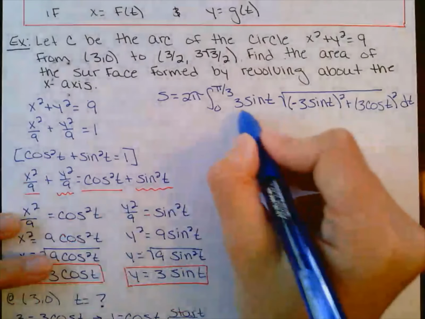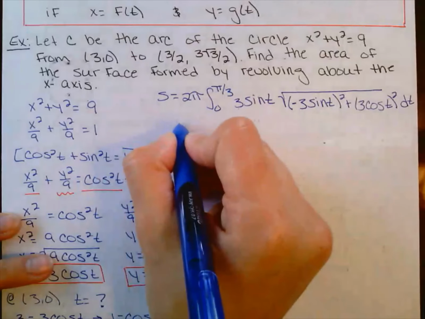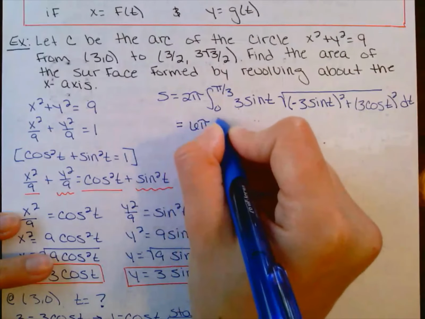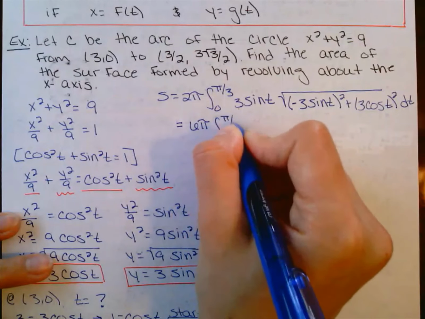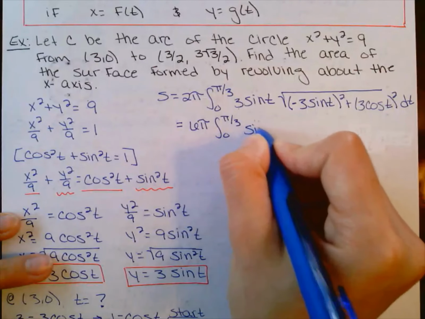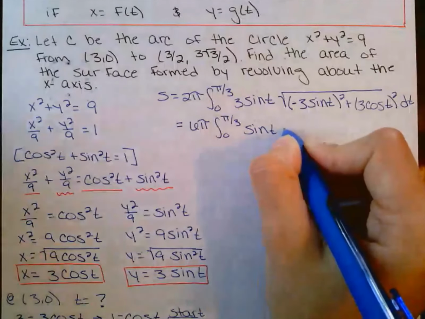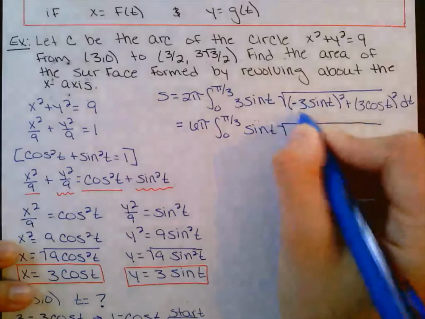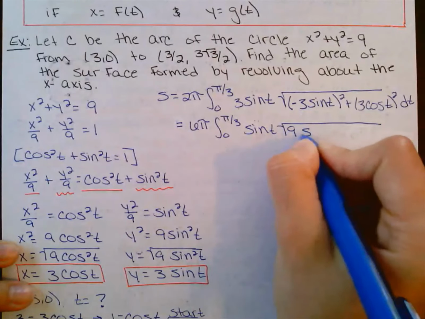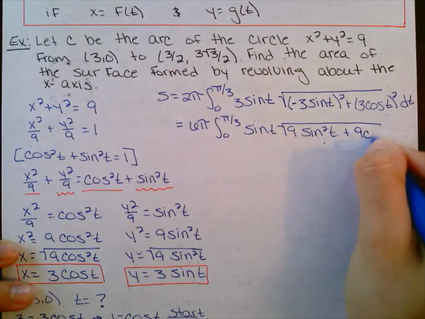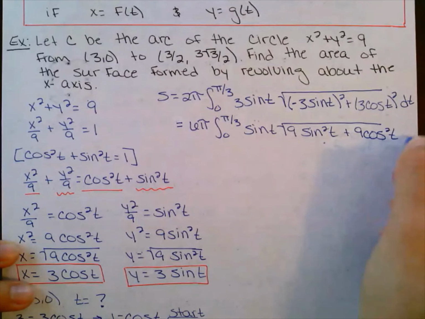So I'm going to pull this 3 out to the front with a 2 pi. I'm going to have 6 pi times the integral from 0 to pi over 3. And now I have sine of t. And now if I square these terms, I have 9 sine squared of t plus 9 cosine squared of t.